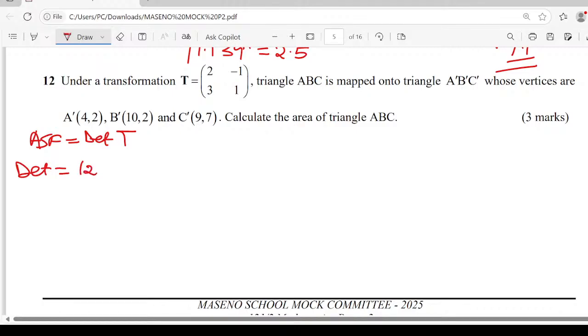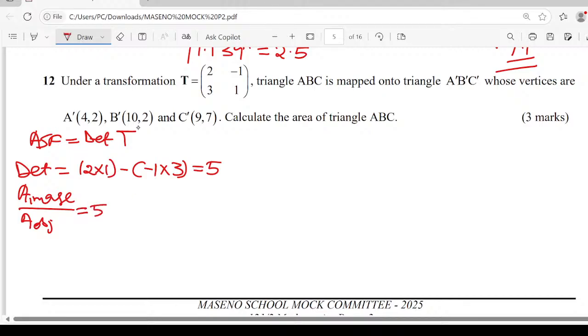Determinant is going to be 2 times 1 minus negative 1 times 3. This will become 5. Now we know that area of the image over area of the object should be equal to 5, which is your determinant.